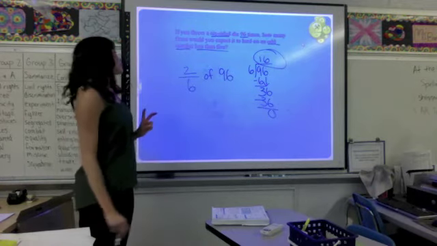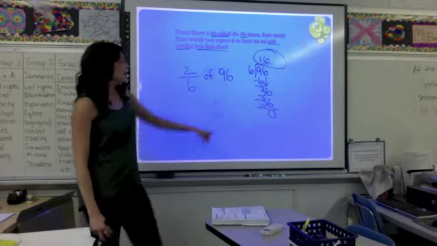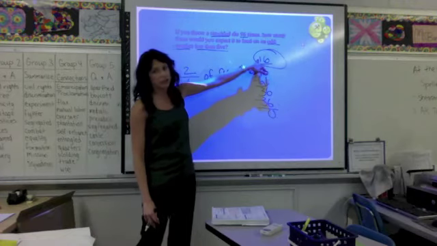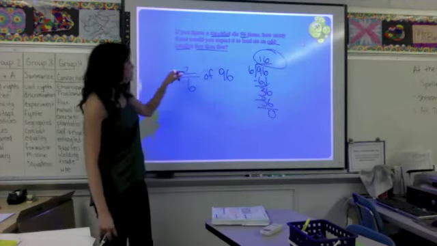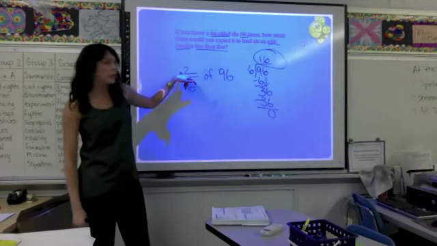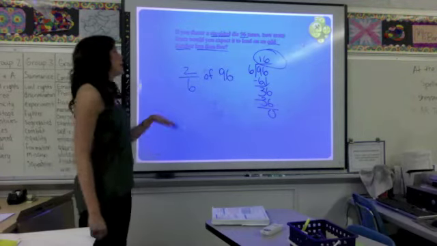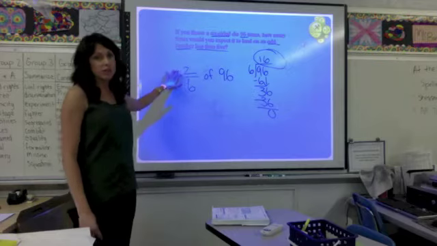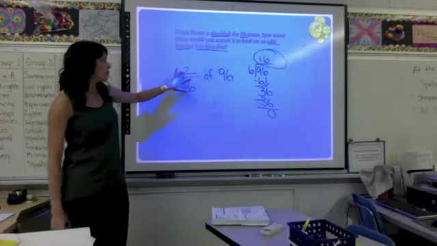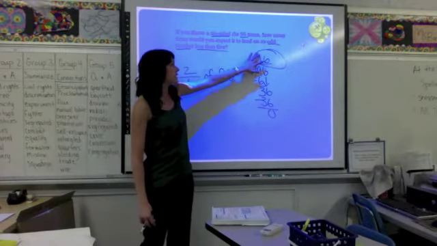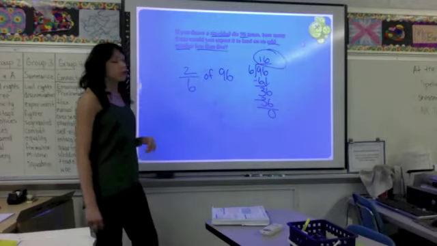Step 2 of solving fraction of problems is to take your answer from the division problem and multiply it by your numerator. Most of the problems we've worked with so far, the numerator has been 1, so that's been easy to do. This time it's 2, so we're going to multiply 16 times 2.